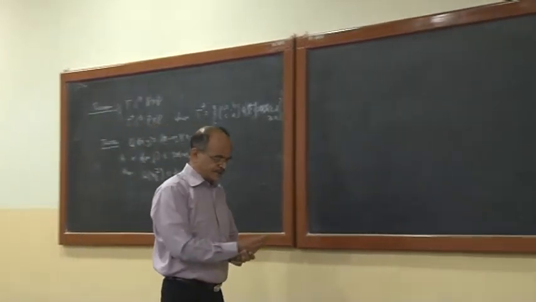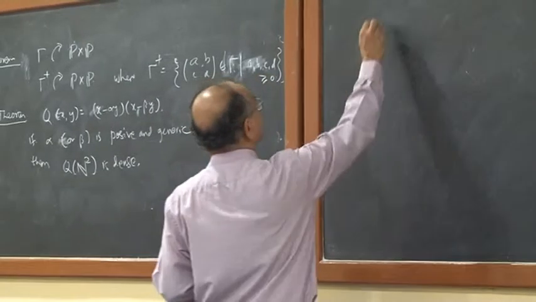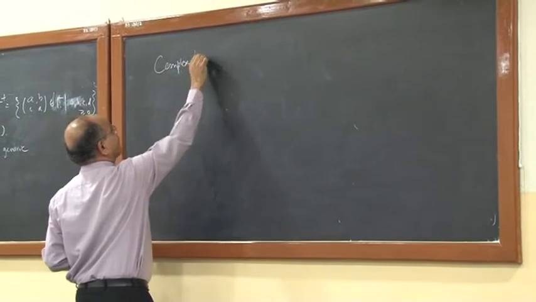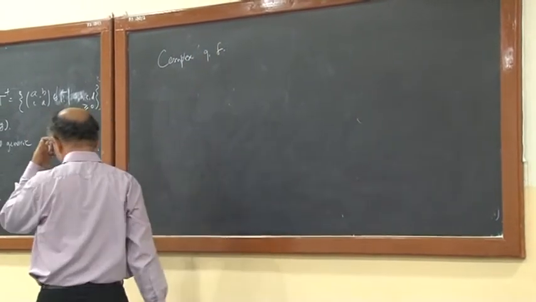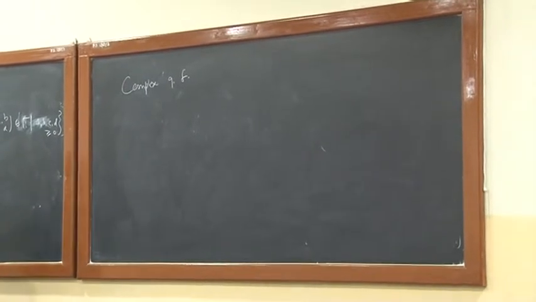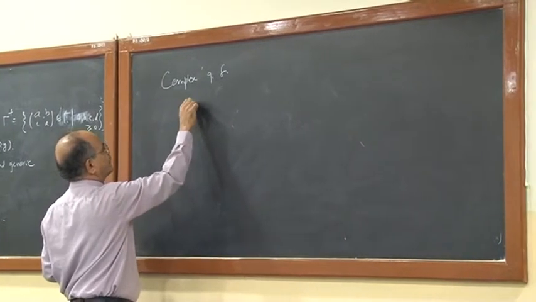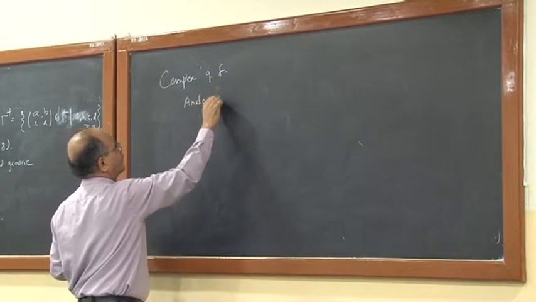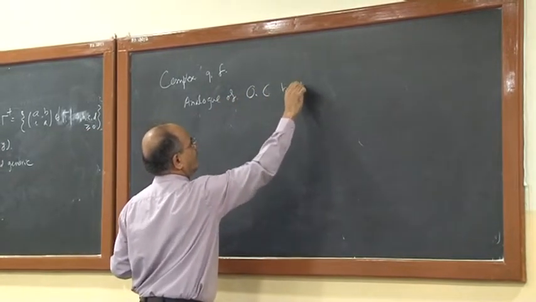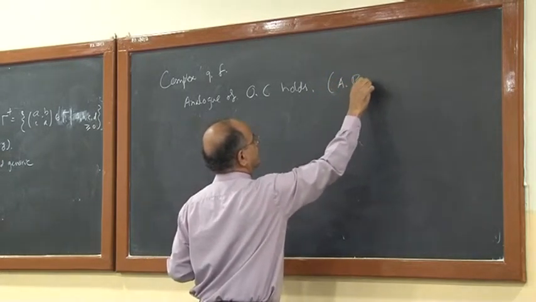So the second thing I want to talk about is the analogous question for complex numbers, complex quadratic forms. Let me recall for the audience that in this case the analog of the Oppenheim conjecture holds, and this was proved by Margulis and Dani.